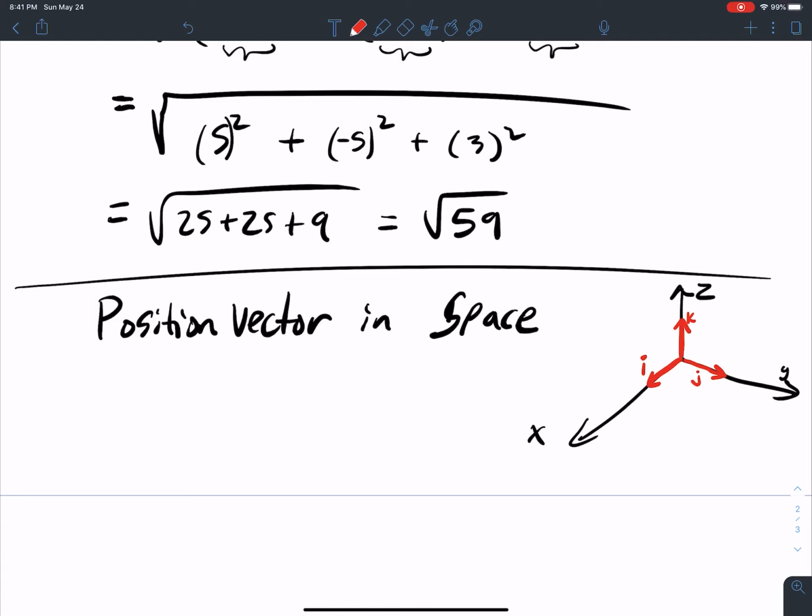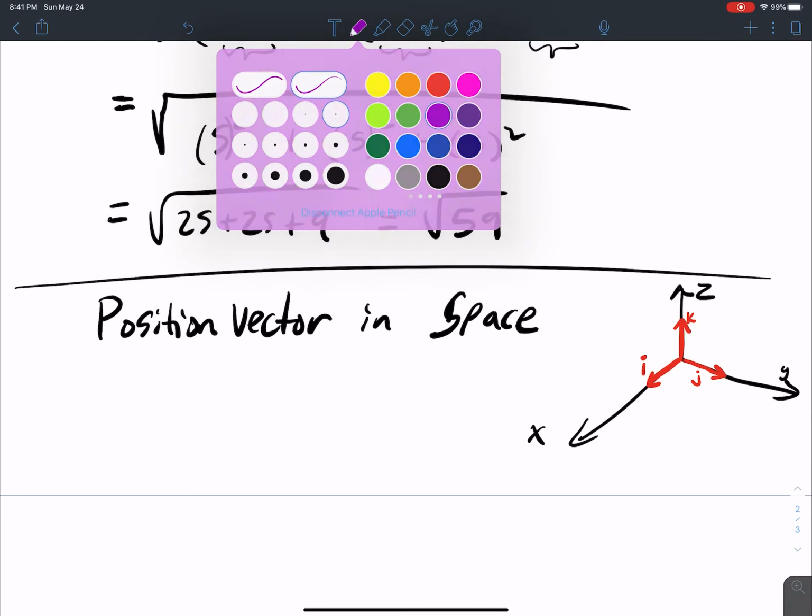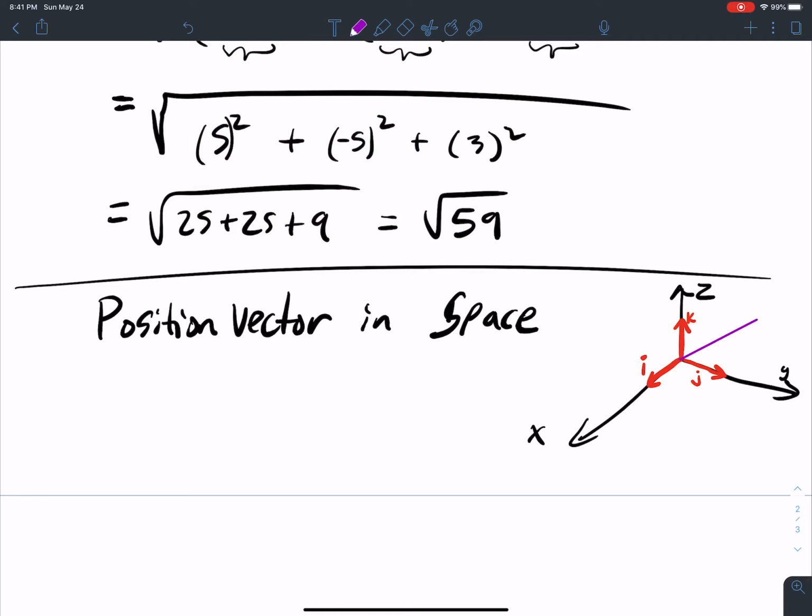So i, j, and k, okay? To represent some position vector that goes out to this point right there, we start at 0, 0. And if this is the point A, B, C, then this vector would be equal to Ai plus Bj plus Ck. Okay, so that's the idea there.